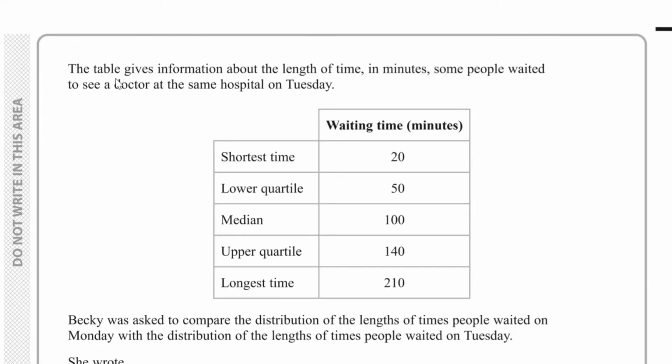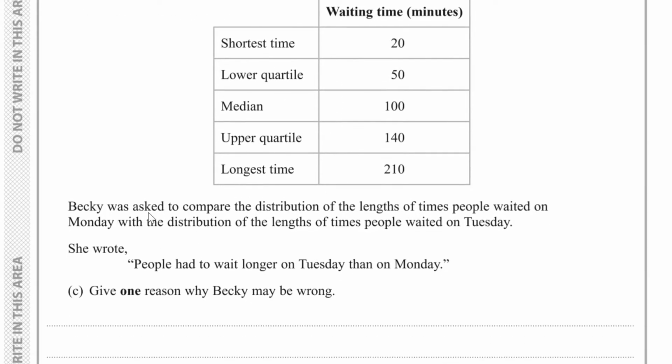Now, part C, the table gives information about the length of time in minutes some people waited to see a doctor at the same hospital on Tuesday. Becky was asked to compare the distribution of the length of times people waited on Monday with the distribution of the length of times people waited on Tuesday. She wrote people had to wait longer on Tuesday than on Monday, and we have to give one reason why Becky may be wrong.